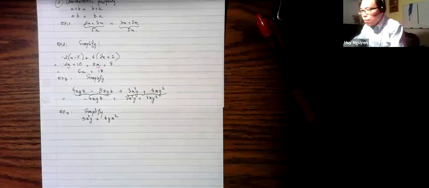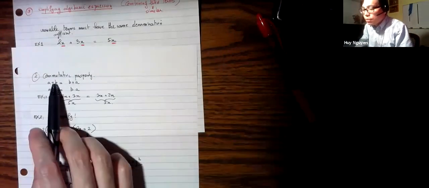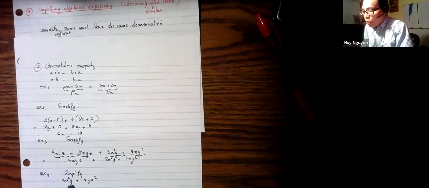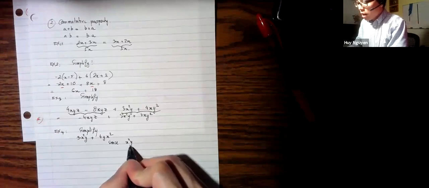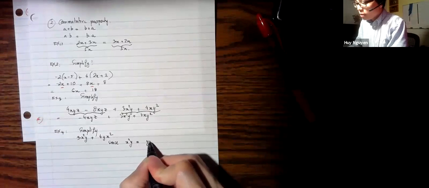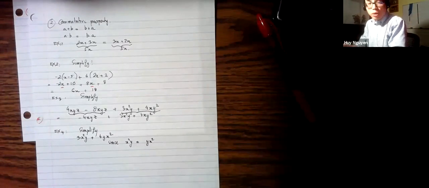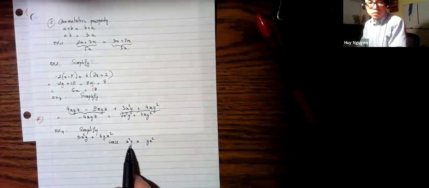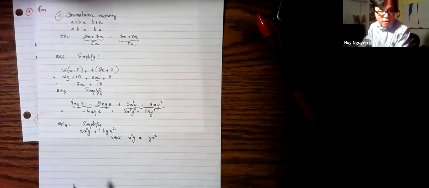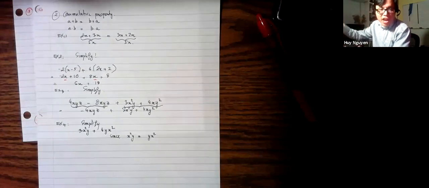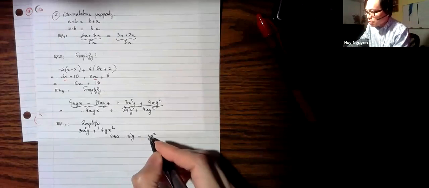But be careful, if we apply the commutative property, x squared y is the same as yx squared. We just commute them. They are commutative of each other. They're not different. The position is changed, but they are the same, because between them is the multiplication sign.